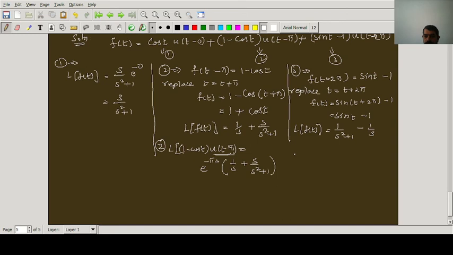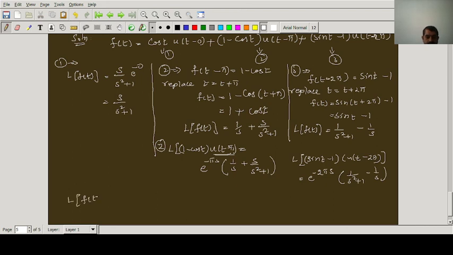Similarly, this one, Laplace of (sin t minus 1) into u of t minus 2 pi. You can see here we have sin t minus 1 into u of t minus 2 pi. This can be written as e power minus 2 pi s into this answer, 1 by s square plus 1 minus 1 by s. Now write the answer together.